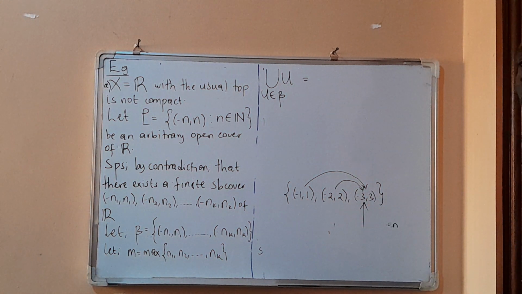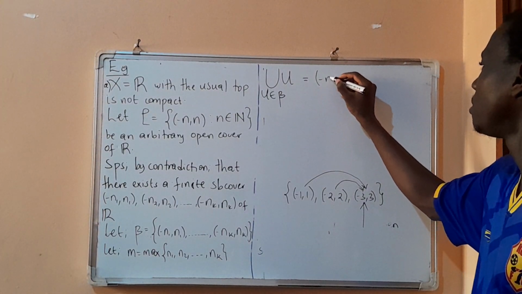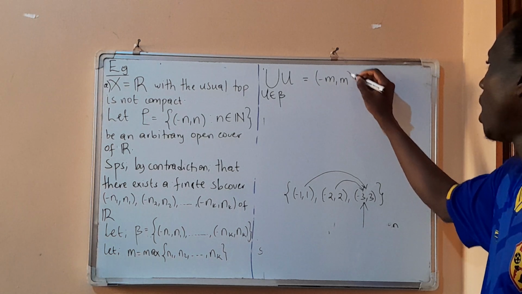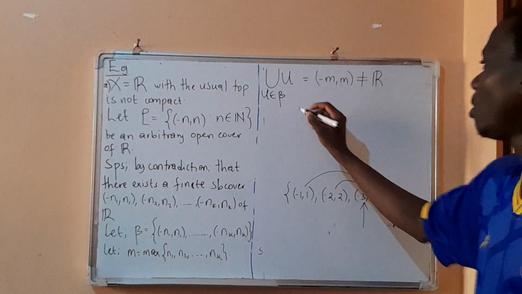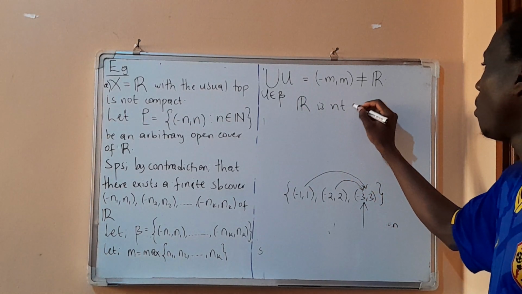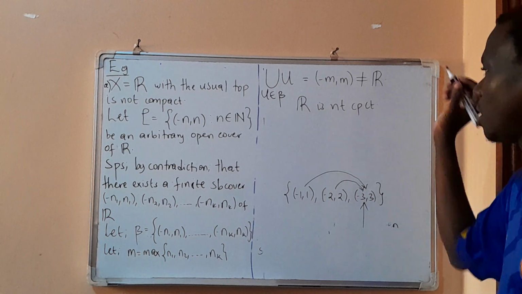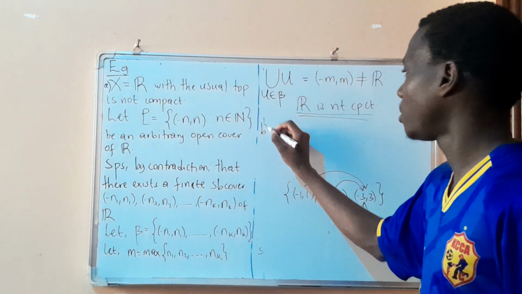So this union is going to result in negative M and M, and this is not equal to the whole set of R. So R is not compact. Now we can look at another example.